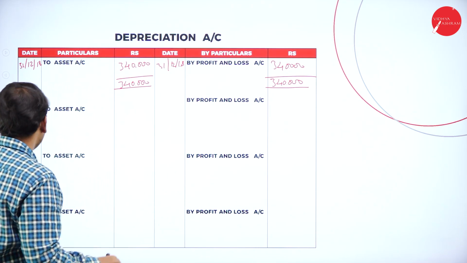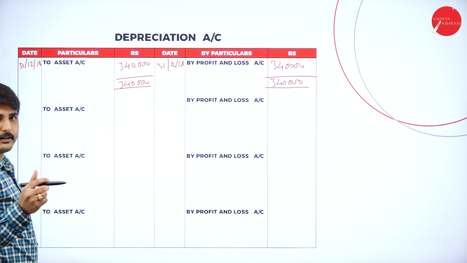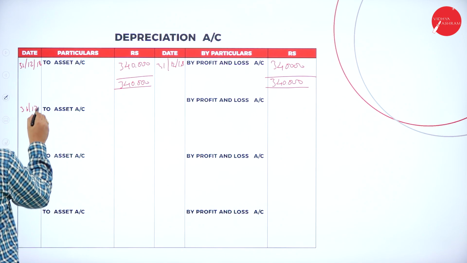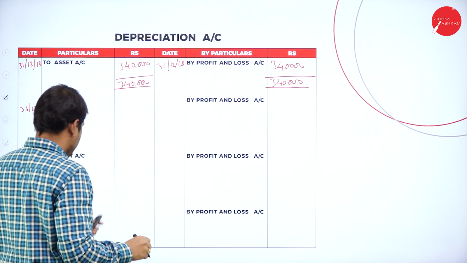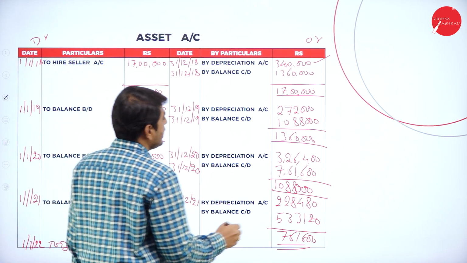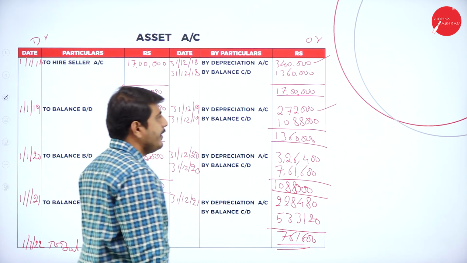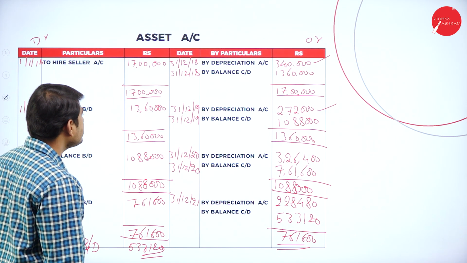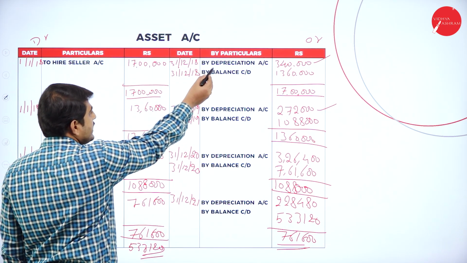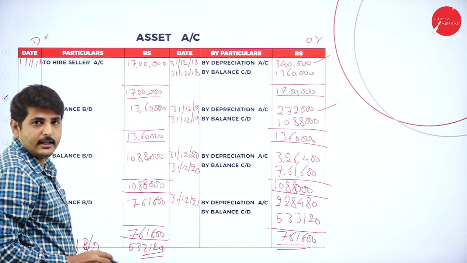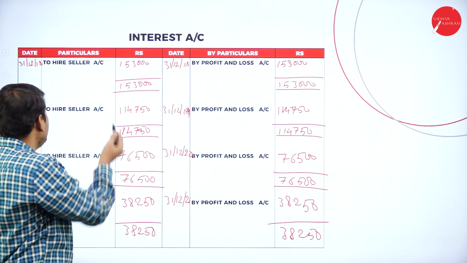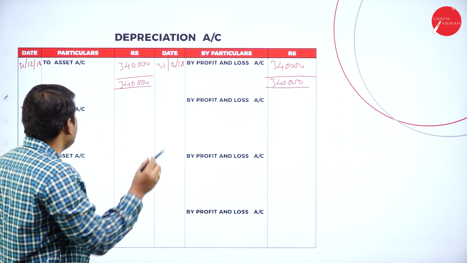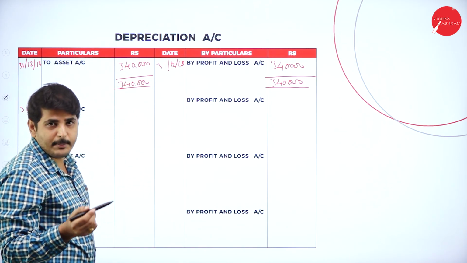Again for the next year, when we calculate the depreciation for the second year on 31st/12/2019, what is the depreciation here? 2,72,000. See here, in the asset account, depreciation is credited. In the depreciation account, asset will be debited. See the difference? Are you understanding? See the journal entry, asset account to depreciation account.